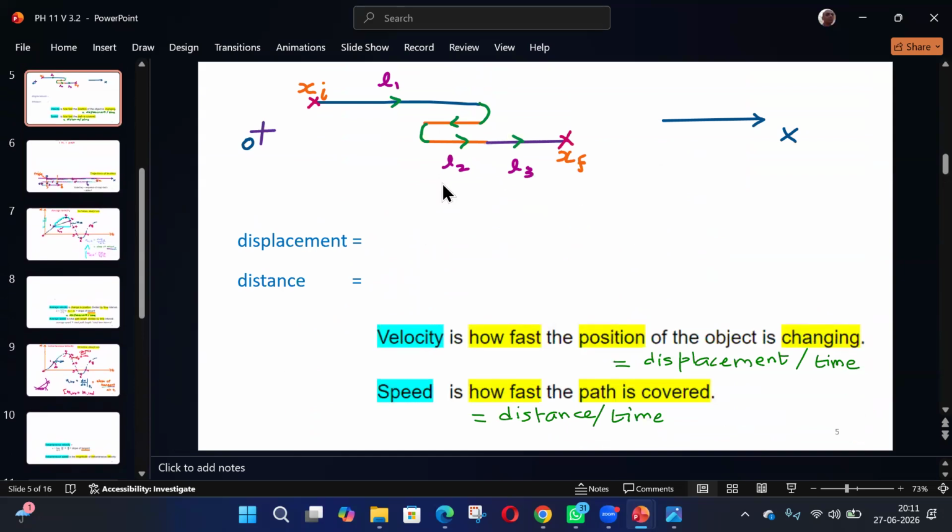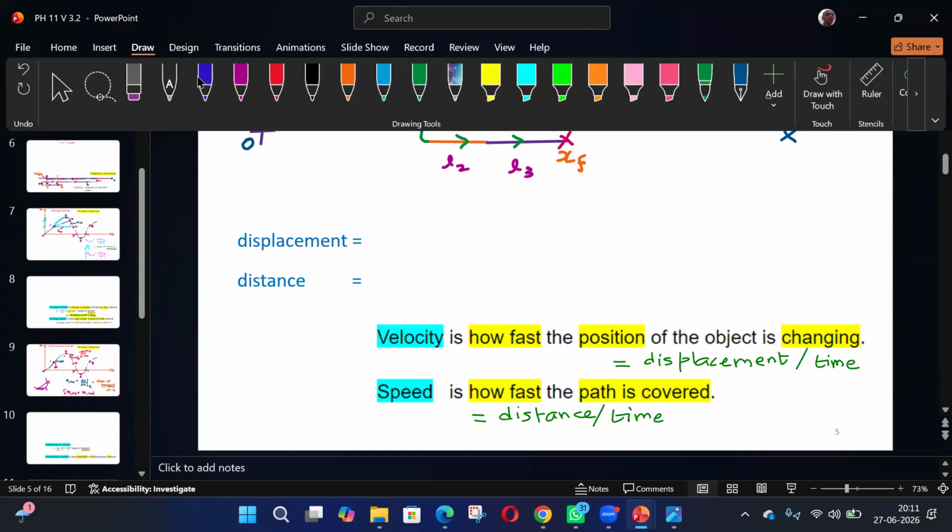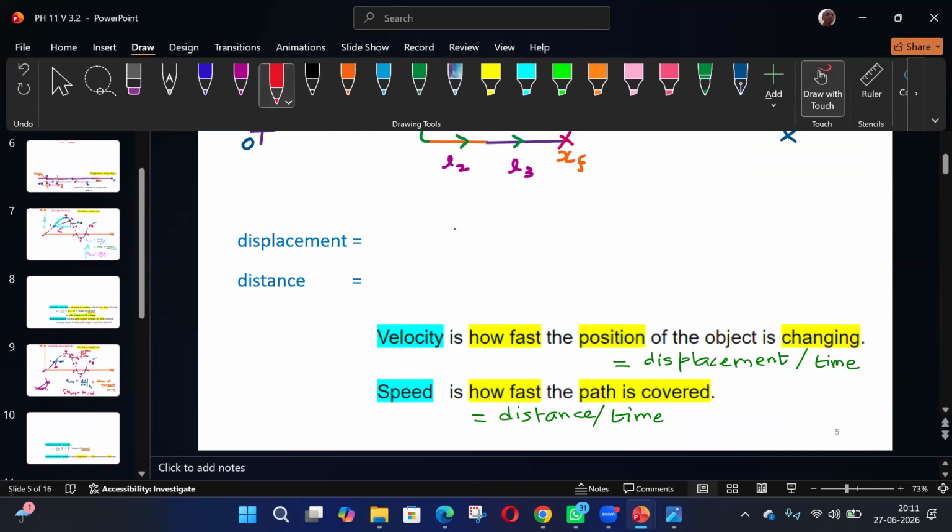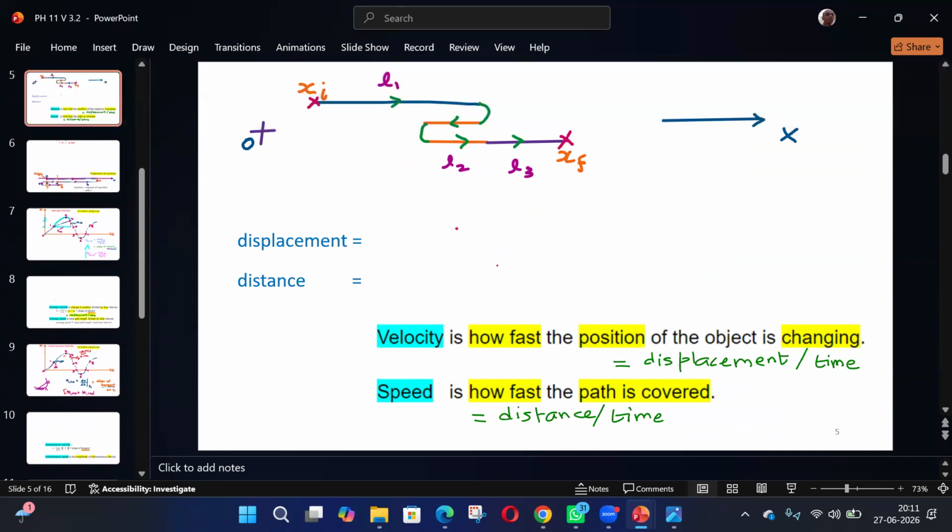So this graph, this diagram, you're understanding? See, this actual diagram is me moving along the x-axis. So it's like I'm moving like this, and then I'm coming back like this, and then again going like this. All these things happen in a single line.